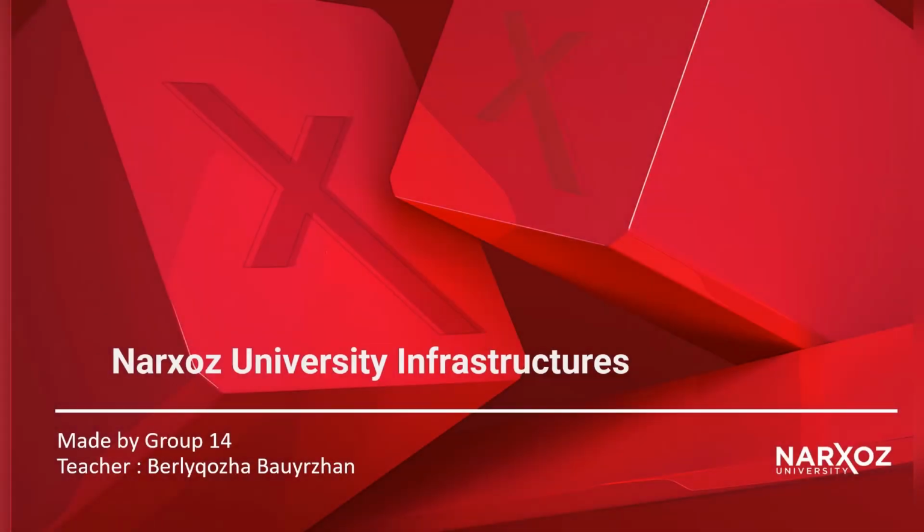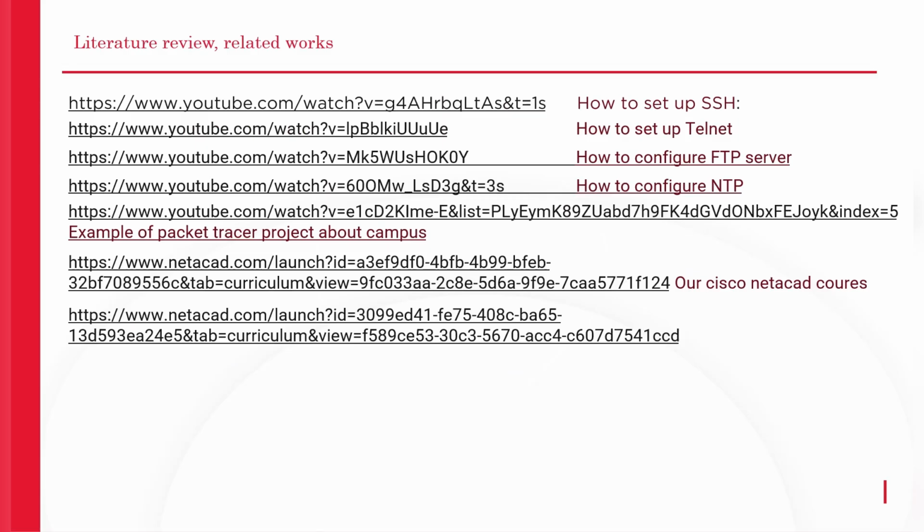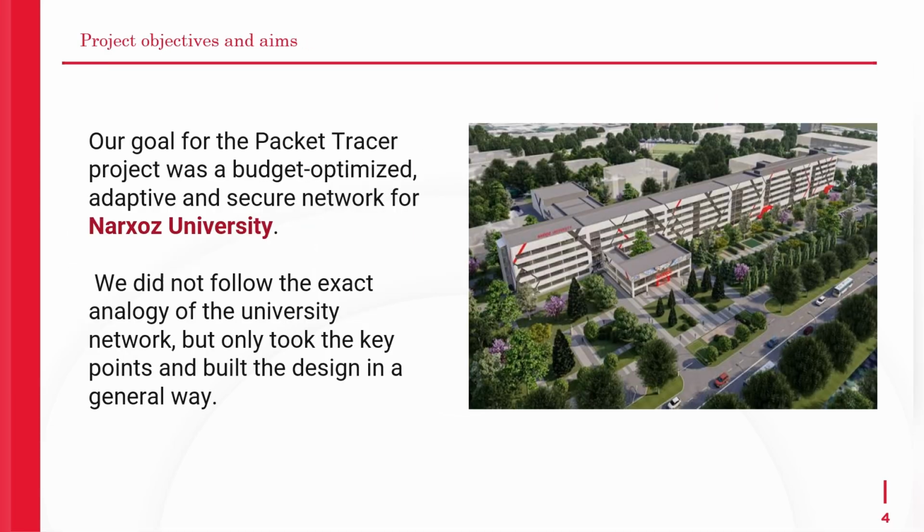So, as a system manager, I made an action plan and a presentation. We're using the Narxoz template and wrote our group and the teacher. This presentation starts with an introduction and the chosen topic, Narxoz University, and information about us, who is who: network engineer, system manager, and analyst. Then come the lecture reviews, the links we used for doing this Packet Tracer project, and the project objectives and aims.